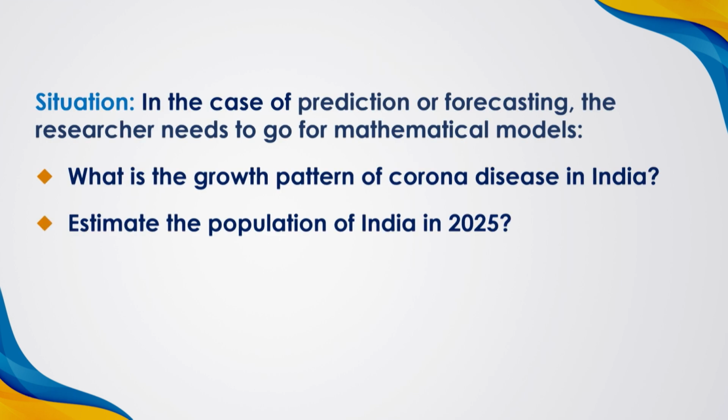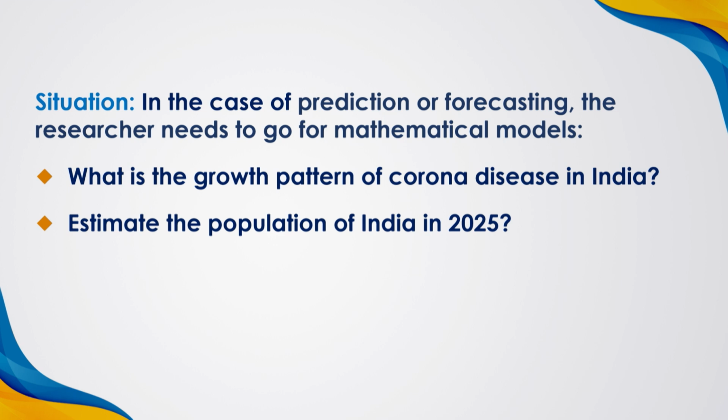Another situation is forecasting, that is prediction. The researcher needs to go for mathematical models. As an example, suppose one wants to know the growth pattern of corona disease in India, or another problem is to estimate the population of India in 2025.